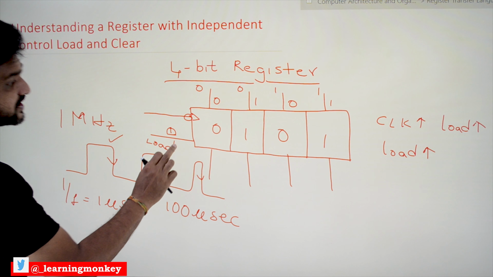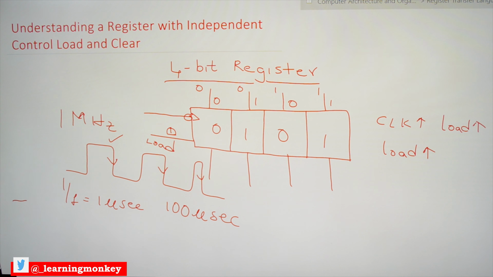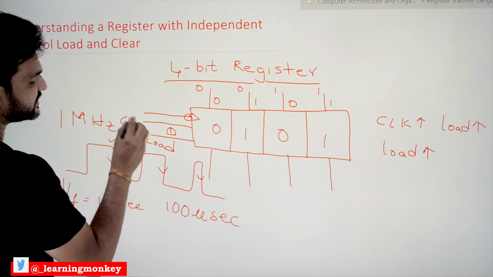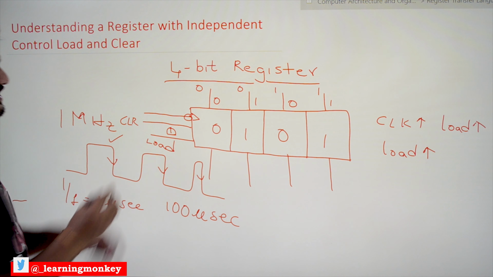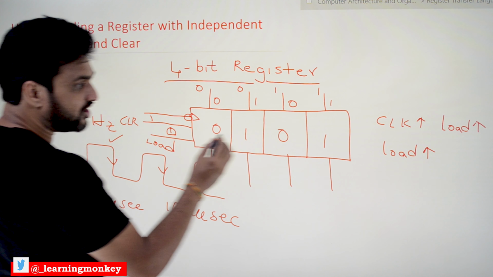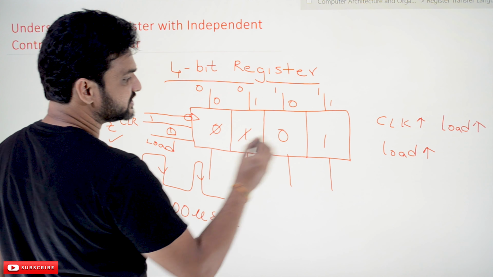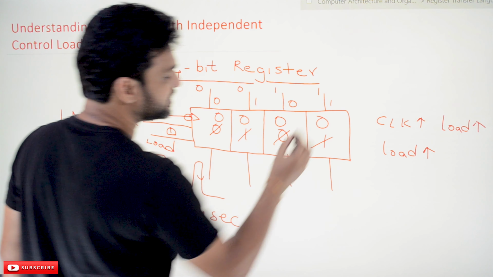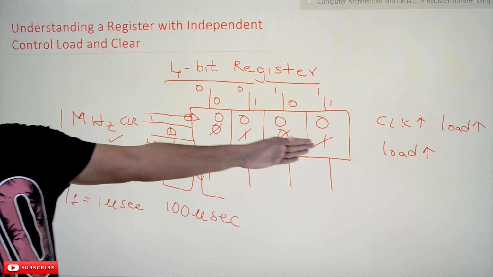Load is one control, and the other independent control is clear. Whenever the value of clear is 1, all these values will get cleared to zeros. The entire contents of the register will get cleared to zeros.